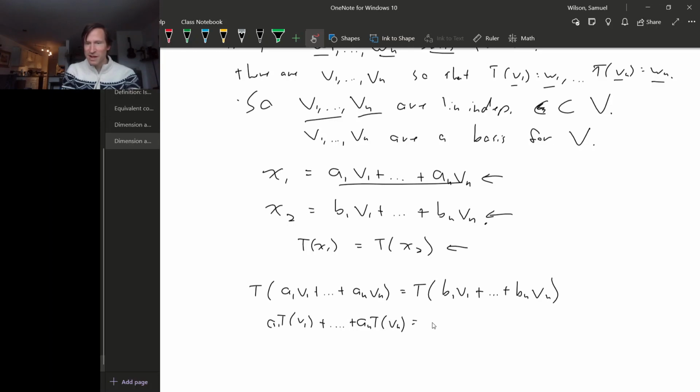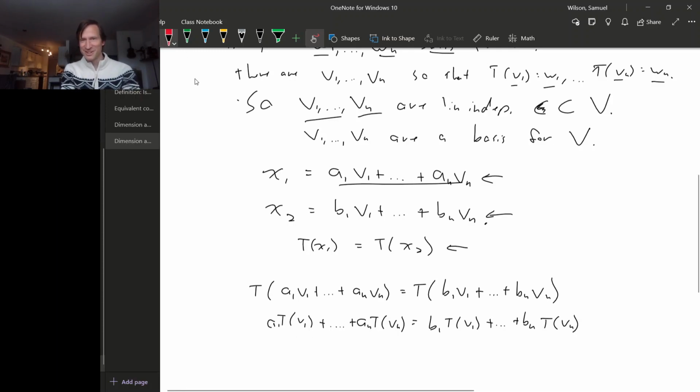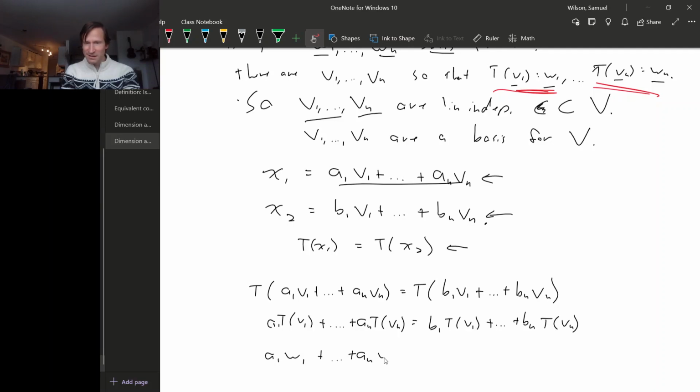And then the same thing on the right, but with b's. b1 T of v1 plus dot dot dot bn T of vn. But so what is T of v1? Well, up here, right, T of v1 is w1. And same thing down to T of vn. So this is a1 w1 plus dot dot dot plus an wn. And on the right, b1 w1 plus dot dot dot down to bn wn.